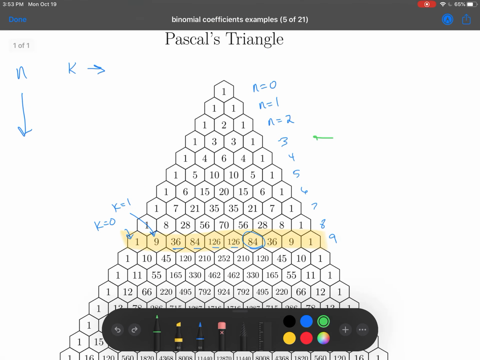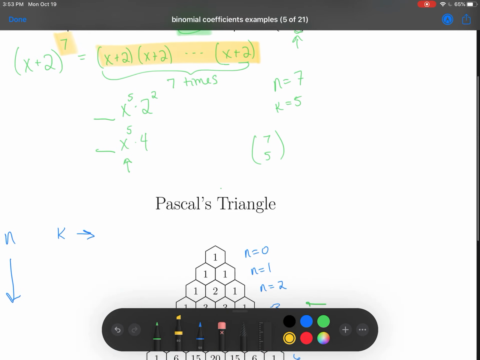All right, so we're going down, and again, let's use that little trick where instead of counting to n equals 7, we find the row where the second number in is a 7. That's just an easier way to do it. And then remember that the k's are going up from 0, and we're looking for k equals 5. So k equals 0, 1, 2, 3, 4, 5, puts us right here at 21.